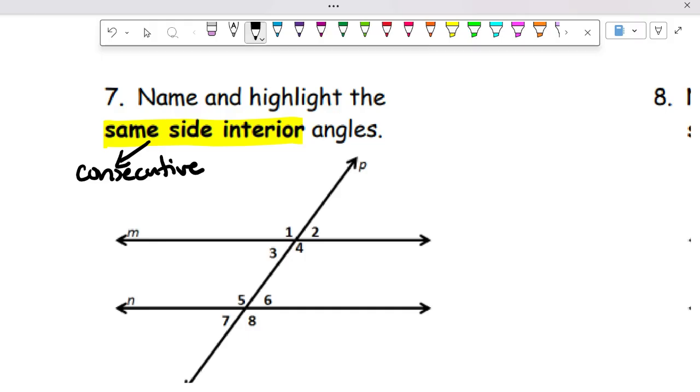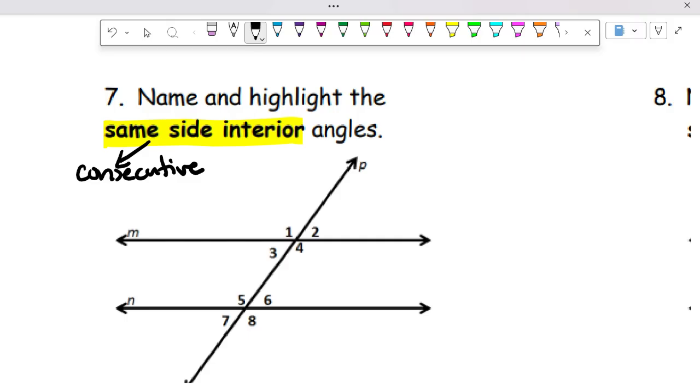Why do I want you guys to know that? It's because that word gets interchanged a lot with same side. I want you to make sure that you know that it just means the exact same thing. They just switch out the words. So same side means consecutive, and you may see it as consecutive interior or consecutive exterior. Just know that that means same side.